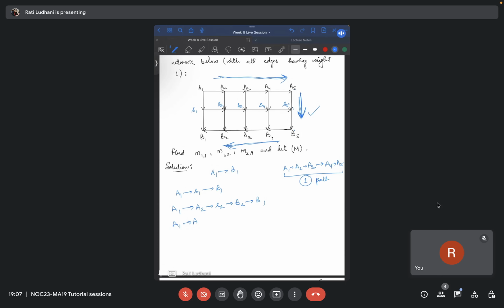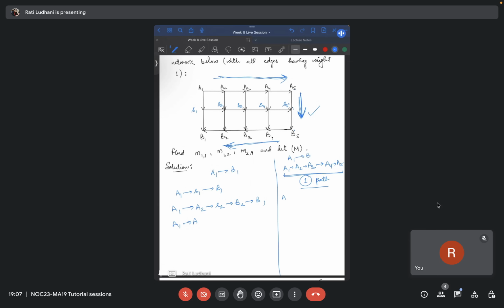Now let's see the next one. When you fix A1 to A5, we are trying to find a pattern so that we can get some formula. Pattern is always like, you fix something and then see how many are there after that. So I considered A1 to A5, then there is only one path after that. So I'm looking at A1 to B1 only.